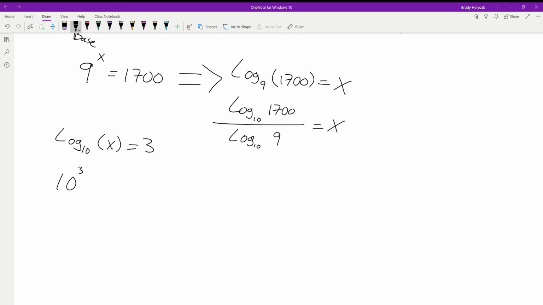Ten to the third equals some value. So we can go back and forth with these guys. That's the whole idea of what we're doing with logs this week, just this conversion going back and forth and solving for a value. Application of logs is going to come when we start talking about capacitors.